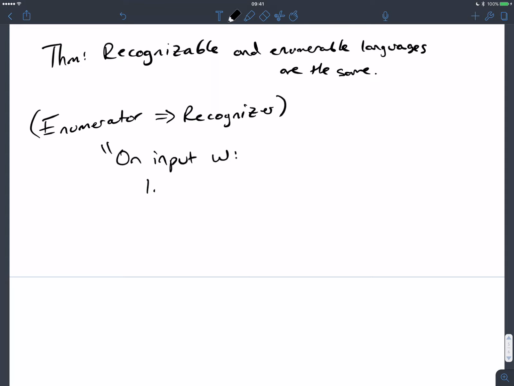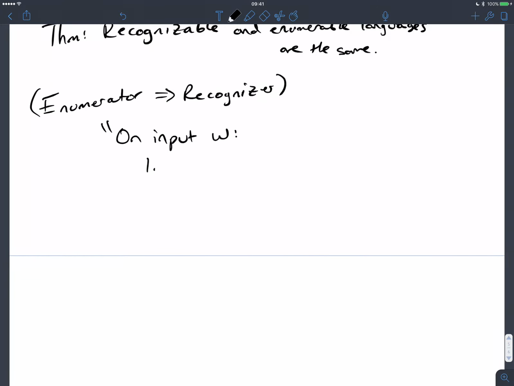Is that a problem? No, because I don't have to halt on strings not in the language. So what is a good strategy? Just keep asking the enumerator for new strings. If at any time the string outputted is equal to my input, what should I say? Accept. So that's the strategy.